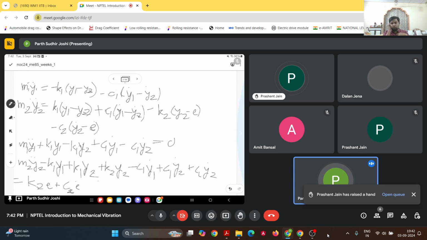If it is known, then only the variables are y1 and y2. Okay, so displacement is known. Let us say it is some sine or cos function, whatever. That function is known. So then that does not become a degree of freedom.